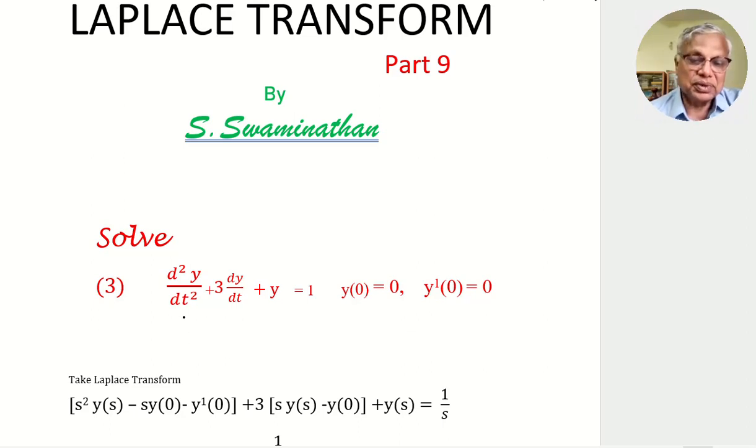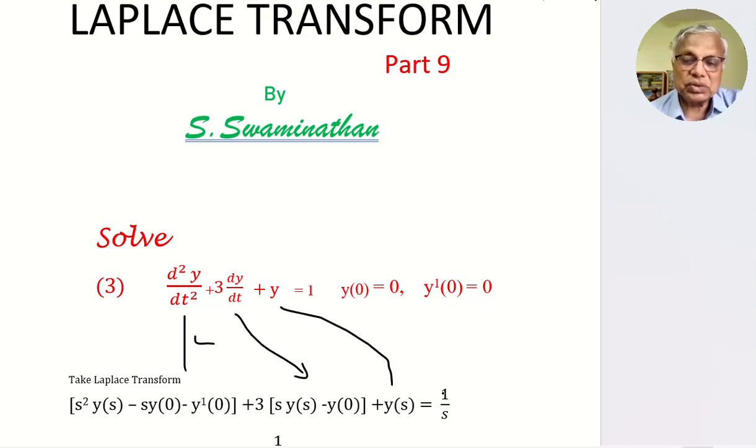As per that, the Laplace transform of this second order derivative is s square Y(s) minus s y(0) minus y dash (0), and the Laplace transform of dy/dt is this, and y being y of t, the Laplace transform of y is Y(s). The right hand side is 1, so the Laplace transform is 1 by s.